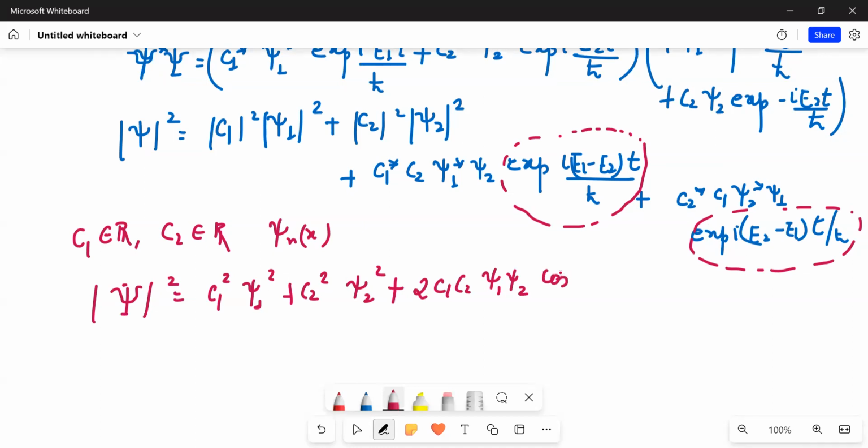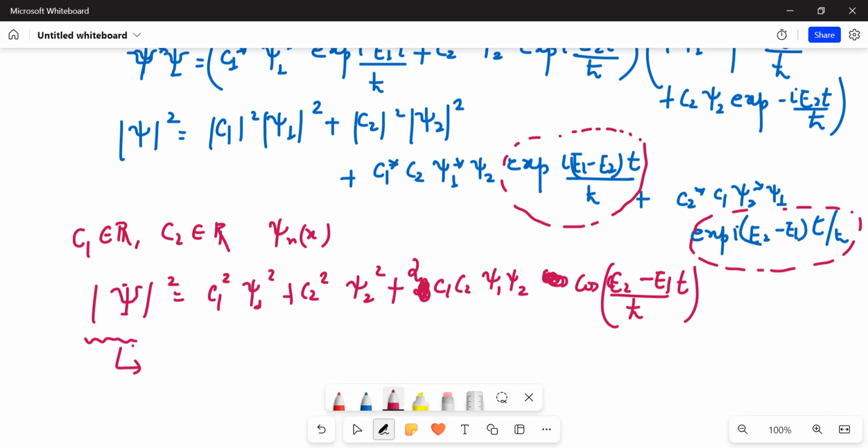This is simply 2 cos theta. Here theta would be (E1 minus E2) t upon h cut. You can do it on your own.